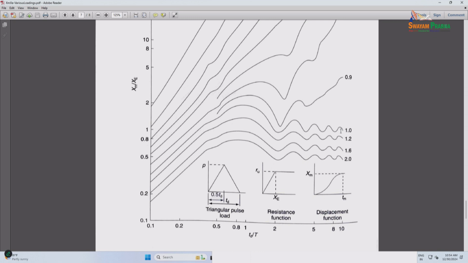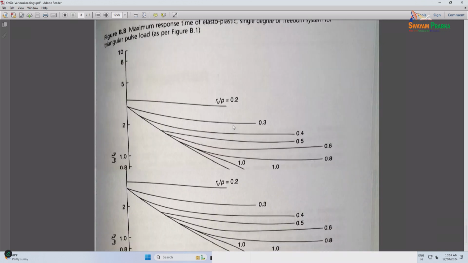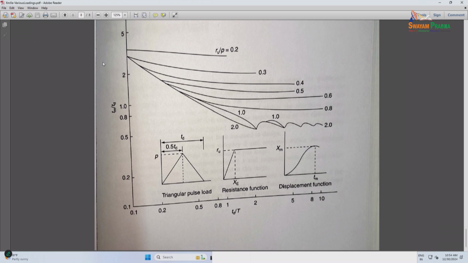This could be useful for petrochemical facilities where you are calculating sidewall responses, you have more of a pulse load and approximations are made. Then the same thing, maximum response time. So we will call this XM by XE and upload it in your folders.